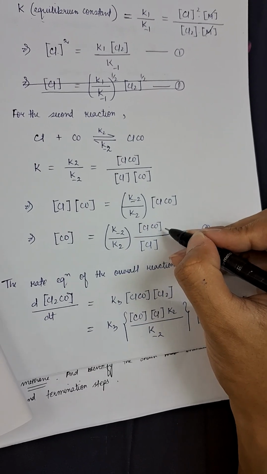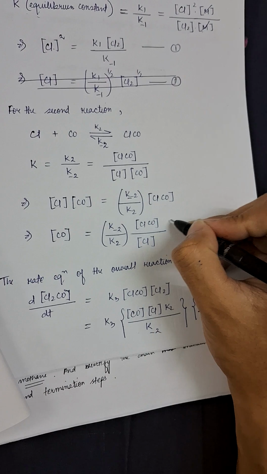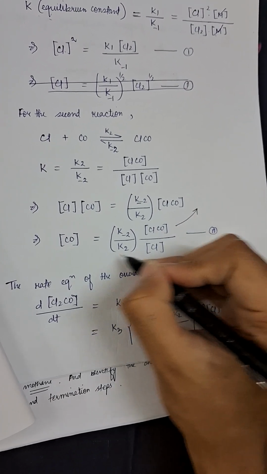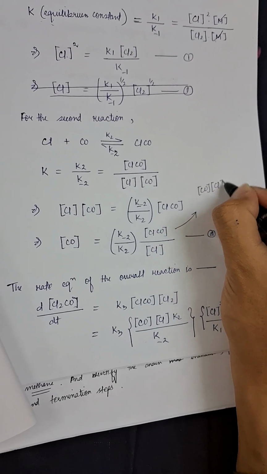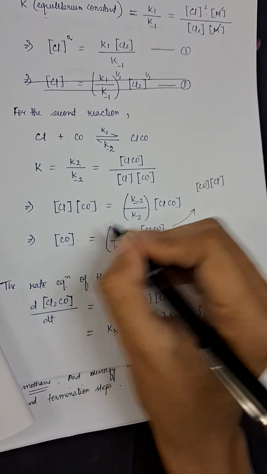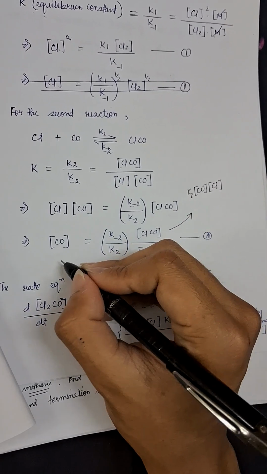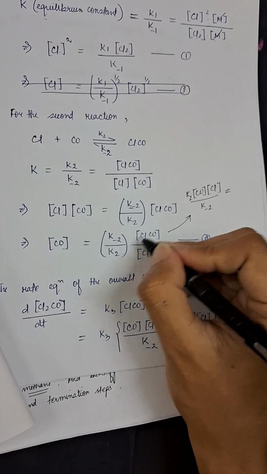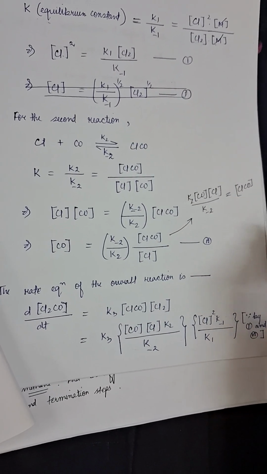Like see in this one, if I keep only the ClCO, then it will be like this. I'll transfer this Cl this side, okay. CO, Cl, I transfer this K2 this side, so it will be K2, and then K negative 1 this side, K negative 2 is equal to, only ClCO is left now here.